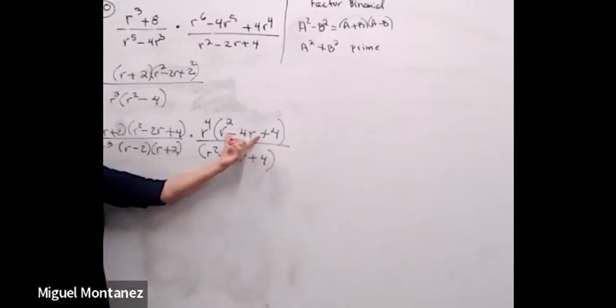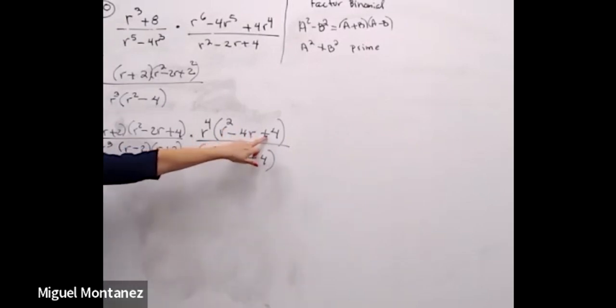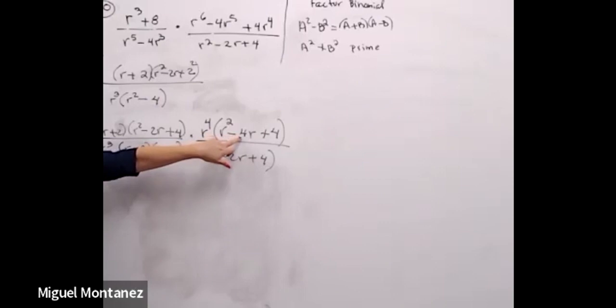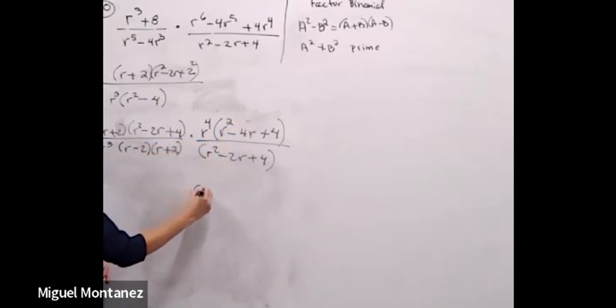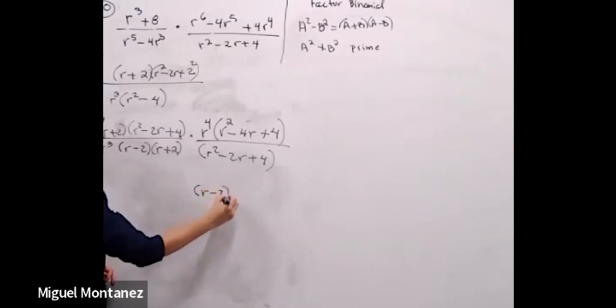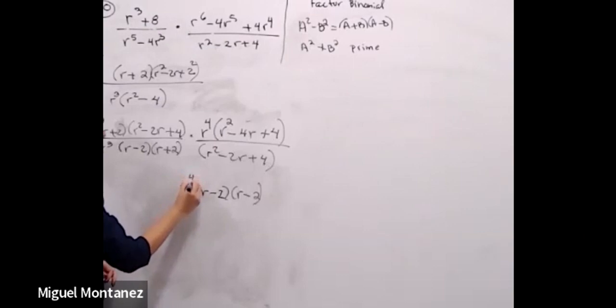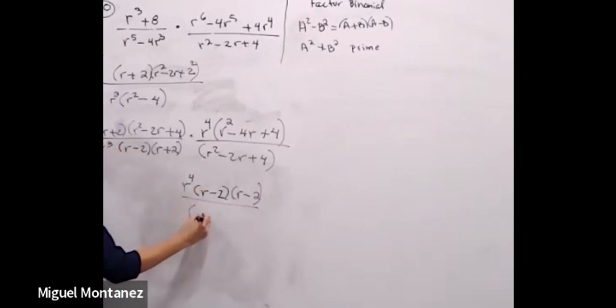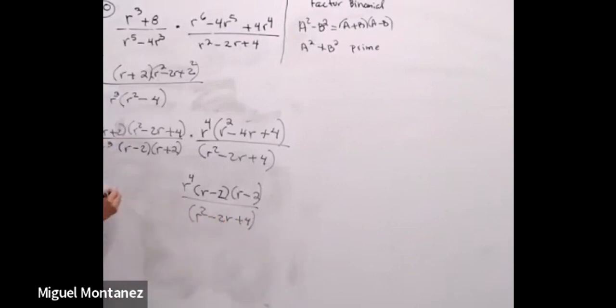Now the one on the top will factor. Yes, because there are two numbers that multiply to give us 4, but added give minus 4. So this one will factor, and that will be R minus 2, R minus 2. Denominator, R squared minus 2R plus 4.